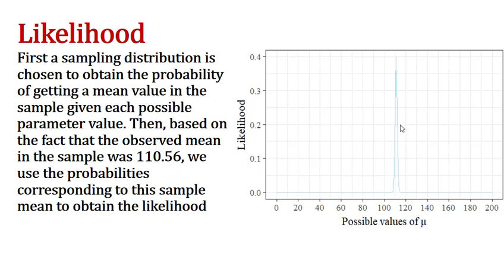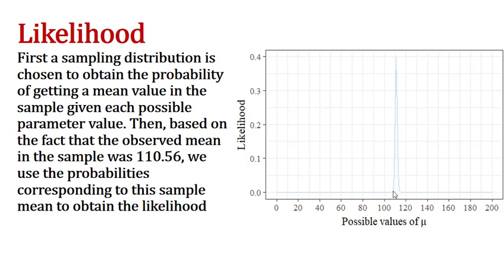When we use that, if the parameter of the population is, let's say, 70, well, the likelihood of obtaining 110.56 in our sample is almost 0. Never 0 in a normal distribution, but very, very low probability. And the same for 80, the same even for 100.